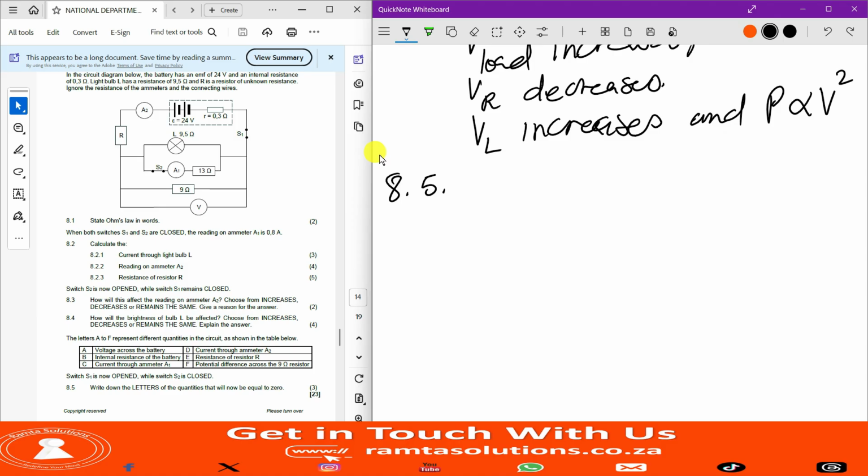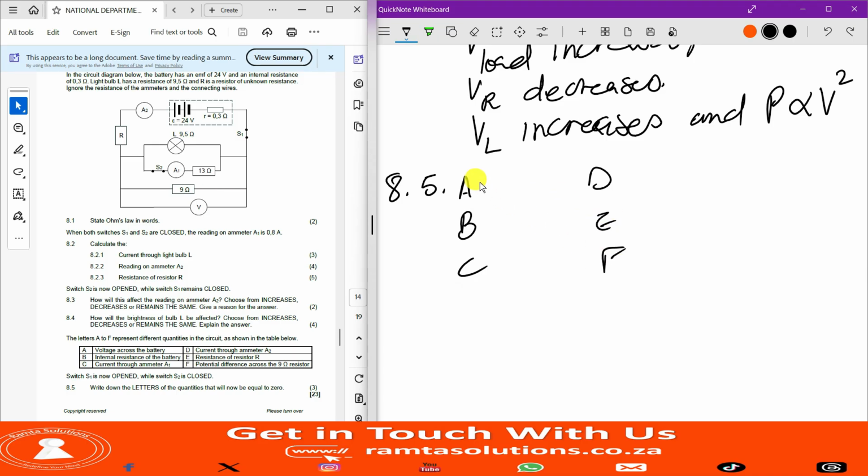Okay, when the switch S1 is open, which quantities will be equal to 0? Voltage across the battery, never. A cannot be, right? So we'll say A, B, C, D, E, F. A, voltage across the battery, nope. Internal resistance of the battery, come on, it'll always be whatever it is.